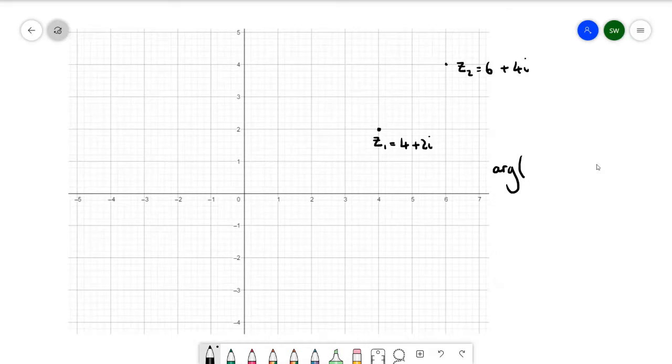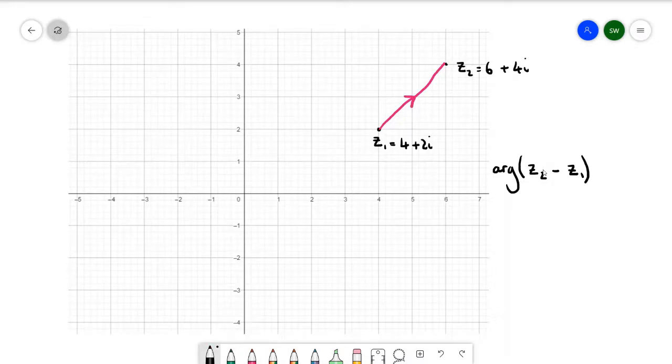Let's do the argument of z2 minus z1. So we're going to look at two different ways of thinking about this, but one way that's going to be useful is to think about this as a vector. So z2 minus z1 is the vector that takes us from the point z1 to z2. So it's this pink vector here, and it's going in that direction there.